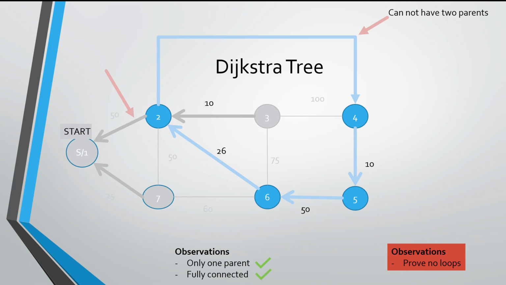But that's the difference between a Dijkstra tree and the Prim's minimum spanning tree. Dijkstra is not trying to find or optimize the cost of the whole layout, the smallest cost to build a network. Dijkstra is not trying to do that. It's just trying to find the single source shortest path to all the nodes in the graph. And that turns out also to be a tree.